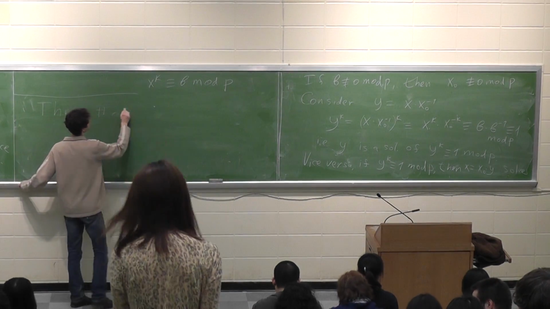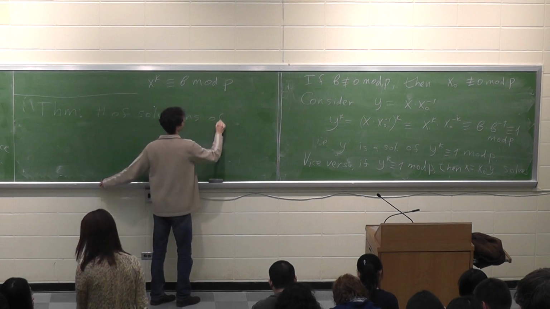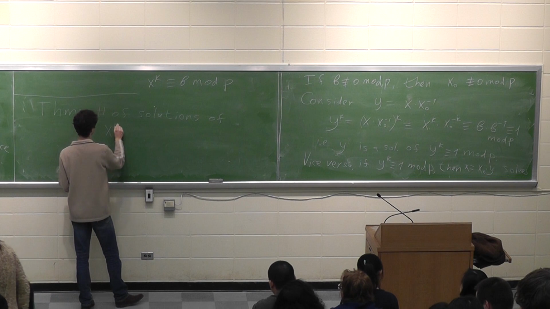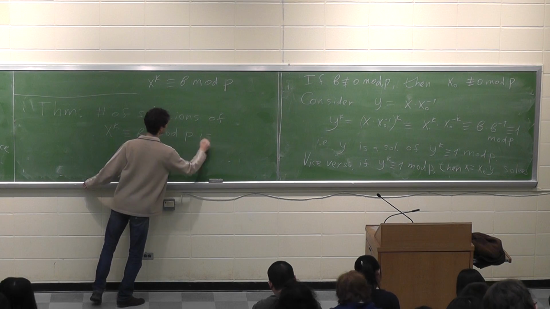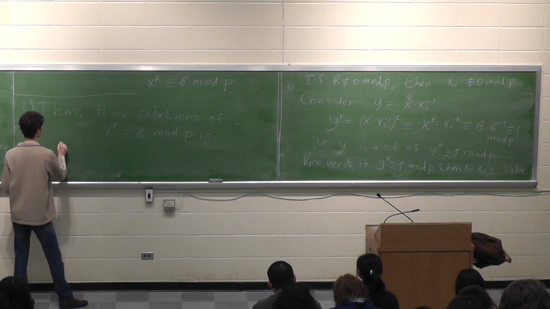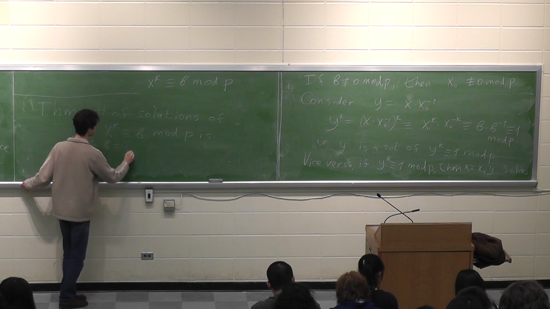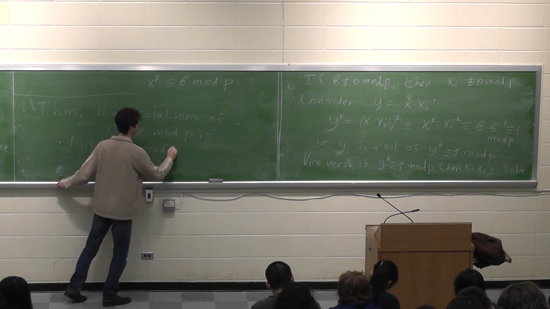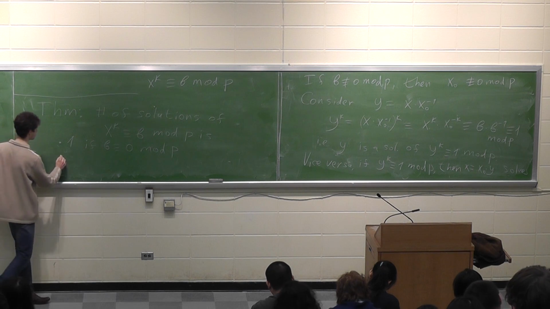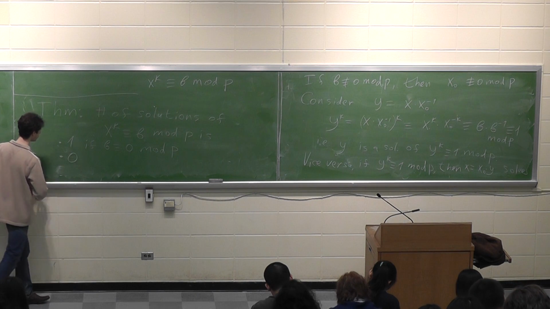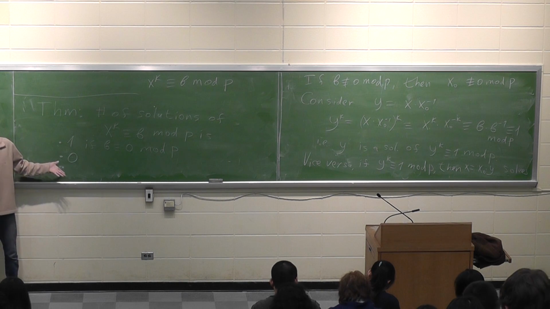The number of solutions of x to the power k congruent to b modulo p is, well, 1 if b is equal to 0 modulo p. Otherwise it just could happen that it's 0.